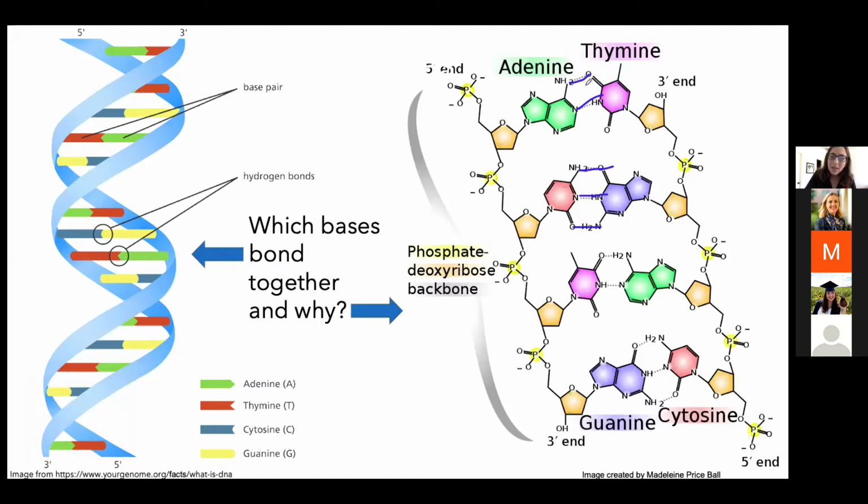That's a good question. All right, let's look at these bonds. Oh, one is a triple and one is a double. Bingo, you got it. So why can't adenine bond to cytosine? What would happen if adenine tried to bond to a cytosine? It wouldn't have enough receptors or whatever they're called. Right, it wouldn't be able to have enough bonds.